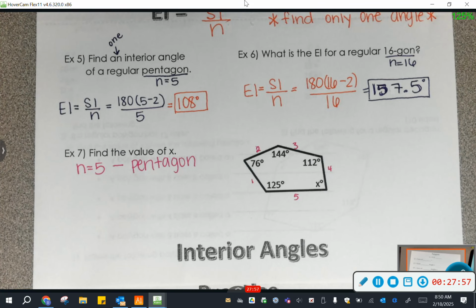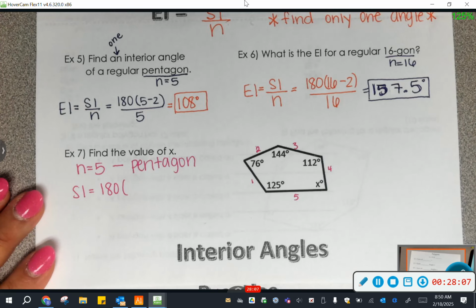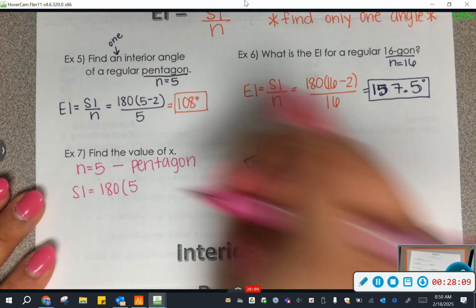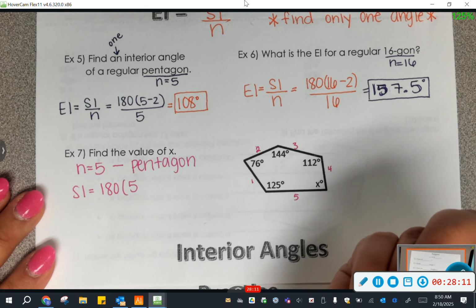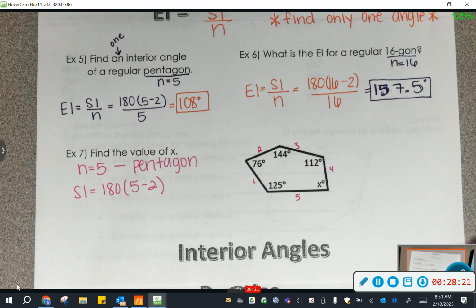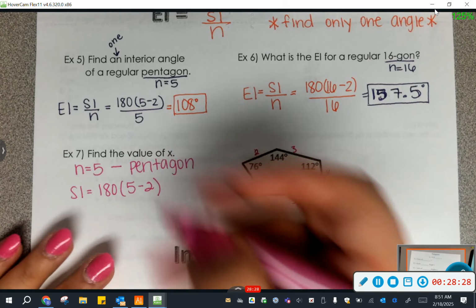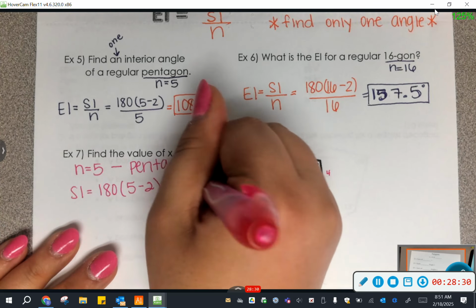How do we figure out how much it should add up to? We got to do SI. 180 times 5 minus 2. Look at the top of your paper. What is 180 times 5 minus 2? 540. So this should add up to 540 degrees.